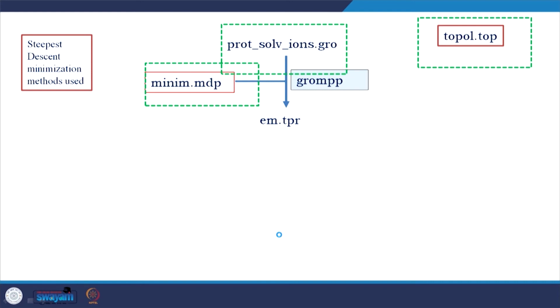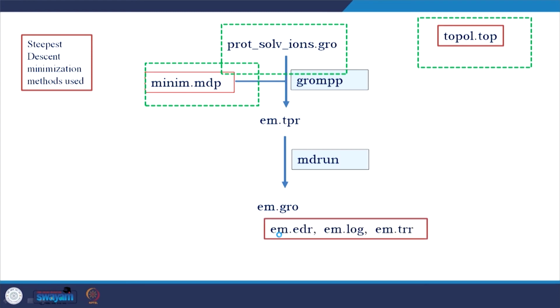Now, we are actually going to the MD run, the minimization run, and after the run we get em.gro, the GROMACS compatible file. But in addition to em.gro, we will also get em.edr, em.log and em.trr, the new files.